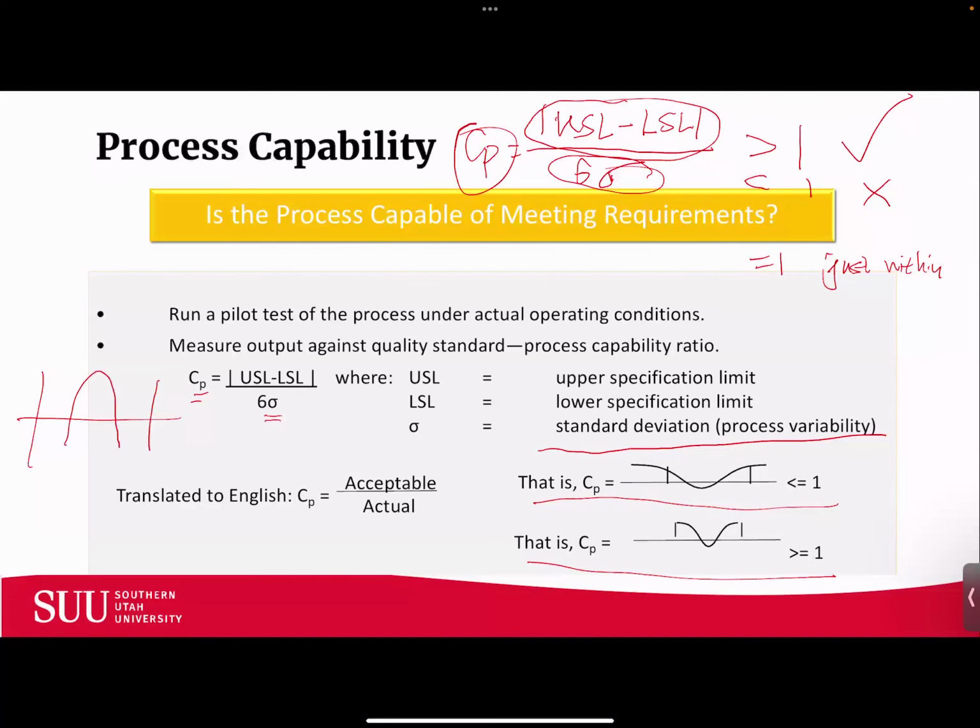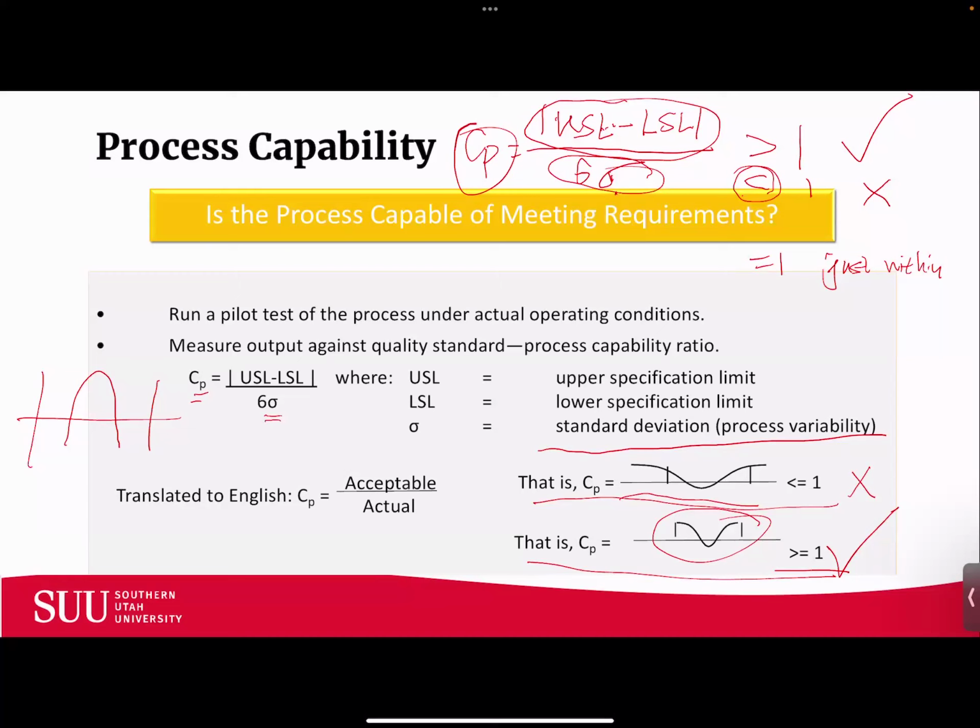So the distribution will be less than the range, the limits. So if larger, it will look like this. So it's capable. Your process is good. But if the limits are less than the real distribution, the CP result will be less than 1. So it will look like this. So it's not capable. Okay.